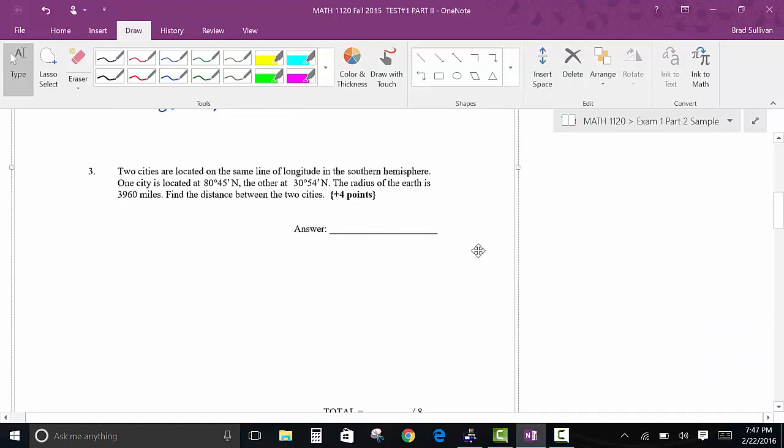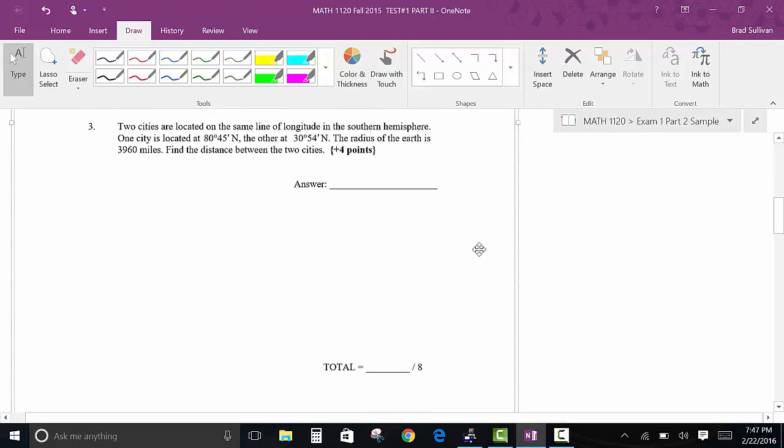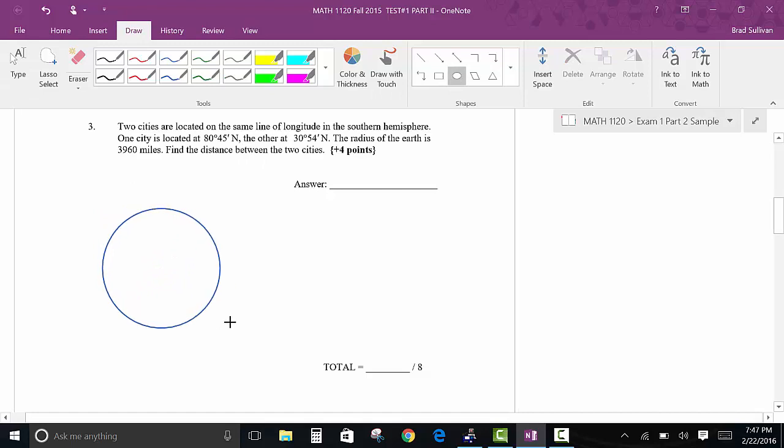Okay, let's take a look at this number 3 next here. And this is an application of, I think, basically S equals R theta. So I'm going to basically just draw out a circle on this. So this is going to represent planet Earth. And what it's given on here is we have 2 cities with different latitudes.